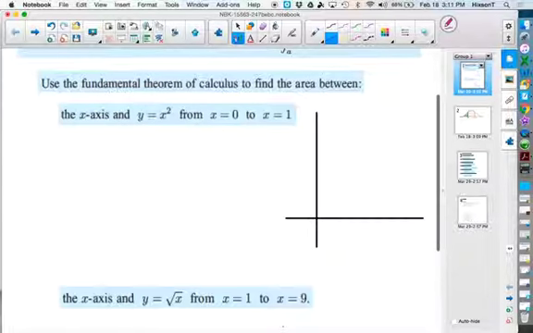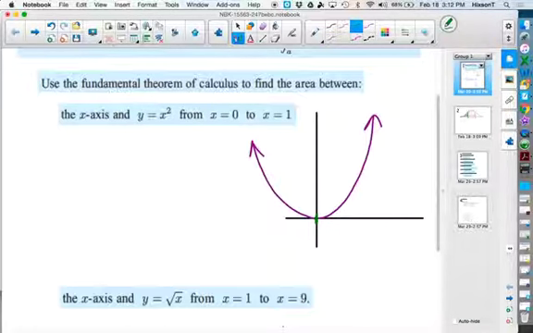It says here, use the fundamental theorem of calculus to find the area between the x-axis and y equals x squared from x equals 0 to x equals 1. So I've got this function y equals x squared, and I want the area between 0 and 1 on the x-axis.